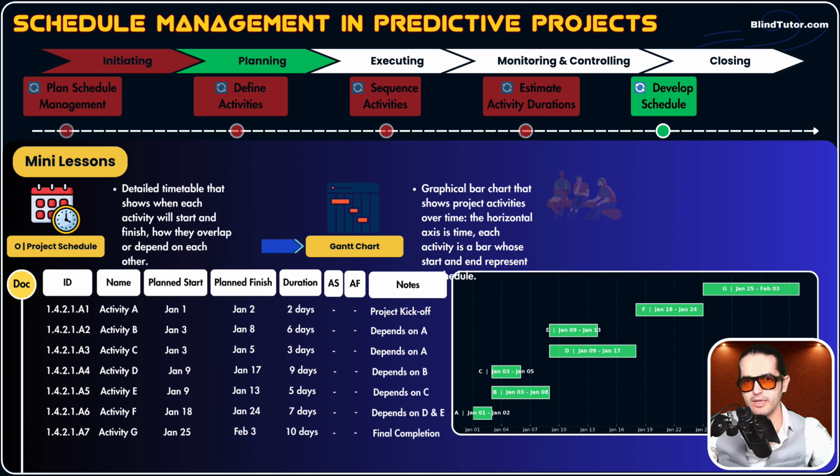Okay, see that AS and AF, that's actual start date and actual finish date. When we come up with this first draft, this is the project schedule draft. Okay, we show it to who? To sponsors, to those key stakeholders and decision makers. Okay, we show them, and once they approve this project schedule, this project schedule will become what?